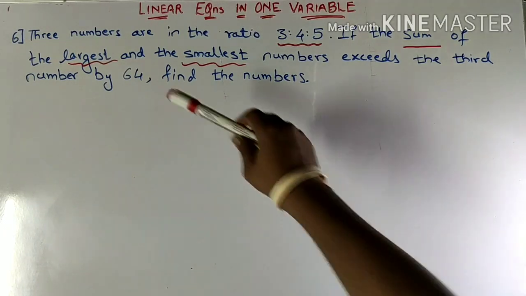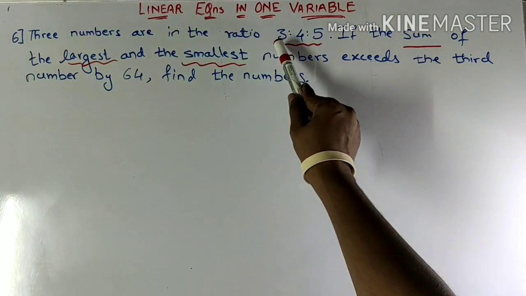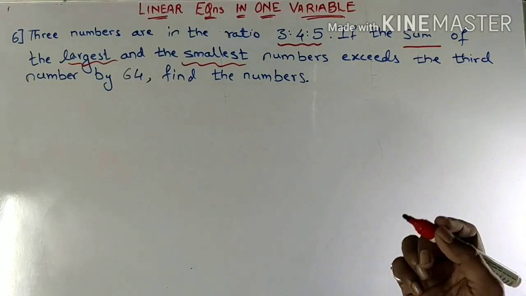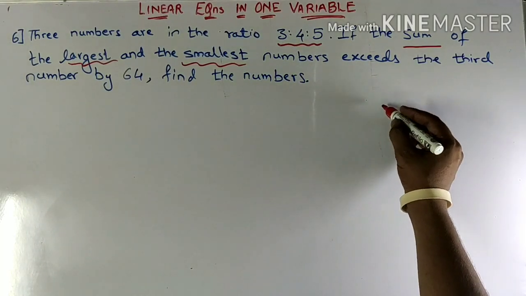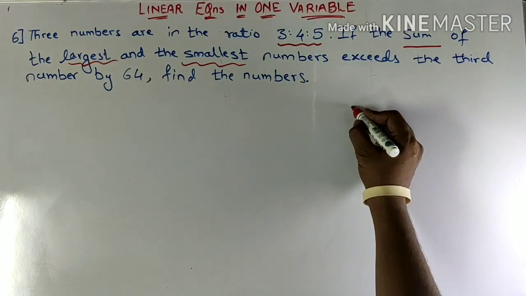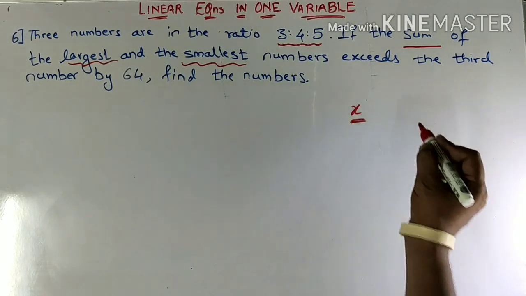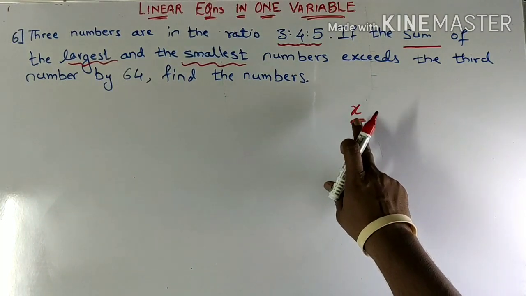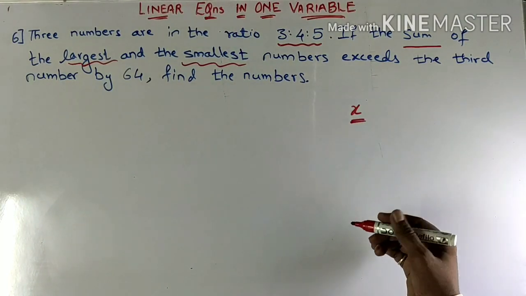When you see this, three numbers are in the ratio 3:4:5. So always remember, when numbers are given in ratio, there is a common factor or a multiple of it, which helps us get the numbers.